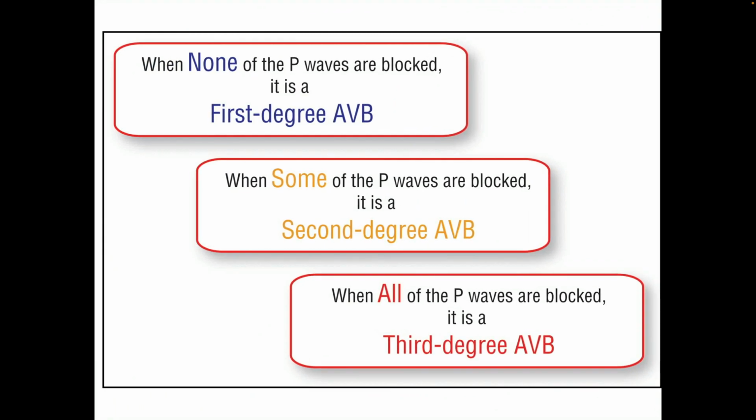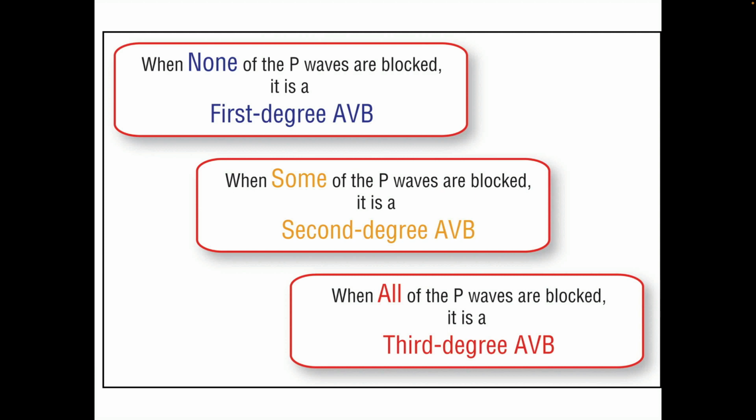So when none of the P waves are blocked and they all transmit through eventually, that's going to be a first degree block. When some of the P waves are blocked, that's going to be some form of a second degree AV block. And then when all of the P waves are blocked, it's a third degree AV block. And so when we're talking about degrees, you can see: no true blockage first, a little bit of blockage second, completely blocked third.